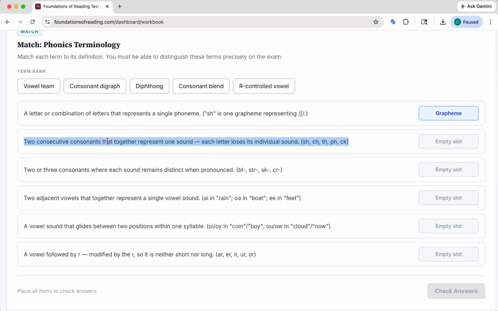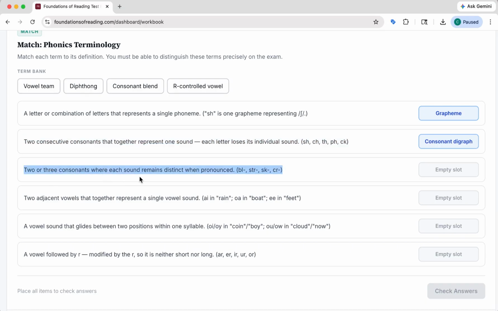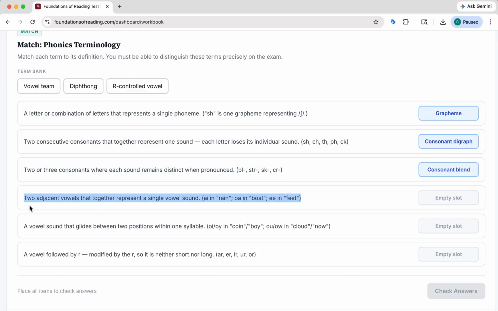Here we go. Two consecutive consonants that together represent one sound. We were just talking about these up above, and that would be the consonant digraph. Two or three consonants where each sound remains distinct when pronounced. Also, we were just talking about that, that is the consonant blend. Moving down to the fourth one, two adjacent vowels that together represent a single sound.